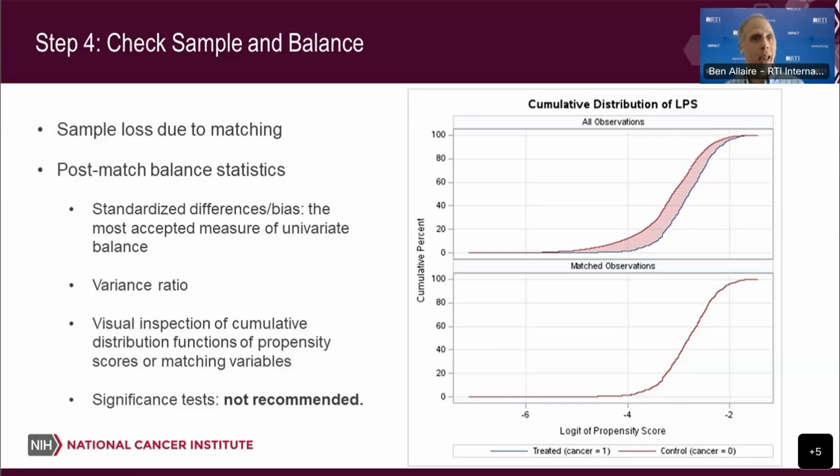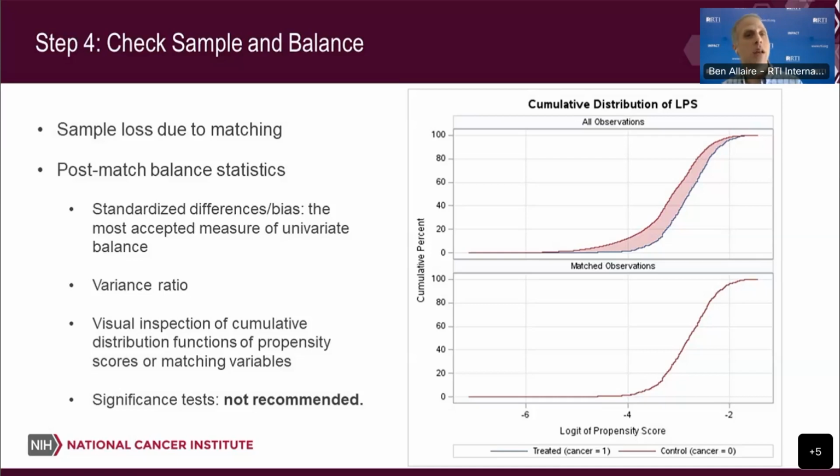That is really the most accepted measure of univariate balance, so you'll do this for each one of your covariates. Just as a rule of thumb, anything greater than 0.1 is typically considered unbalanced, but there are various different rules. I tend to be a 0.1 guy for that.